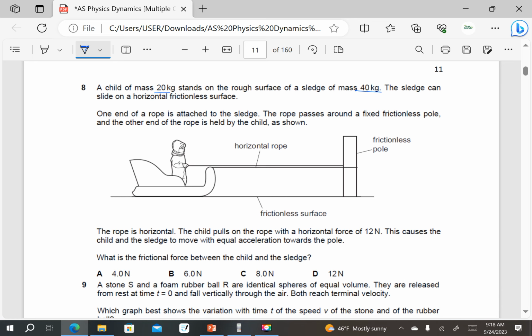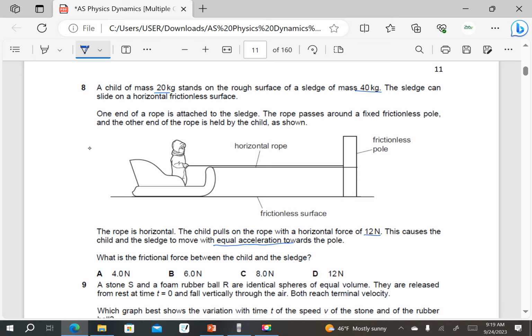The rope is horizontal. The child pulls on the rope with a horizontal force of 12 newtons. This causes the child and the sledge to move with equal acceleration towards the pole. What is the frictional force between the child and the sledge?